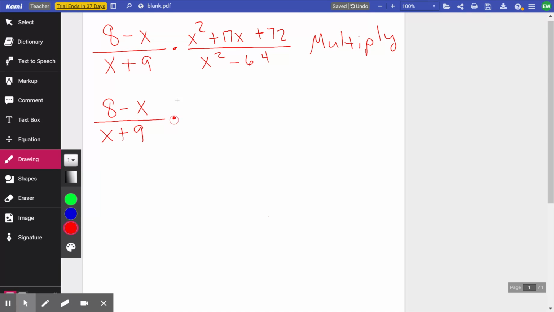But I can, however, factor this numerator into x plus 9 times x plus 8, okay? You might want to go back and view some of the previous videos I have where we factor trinomials with leading coefficients of 1. Okay. This bottom binomial is what we call a difference of two squares.